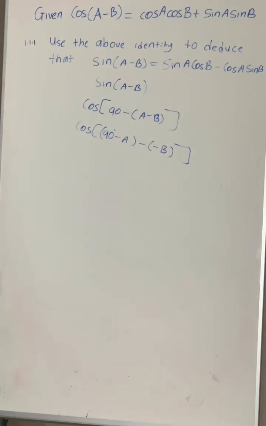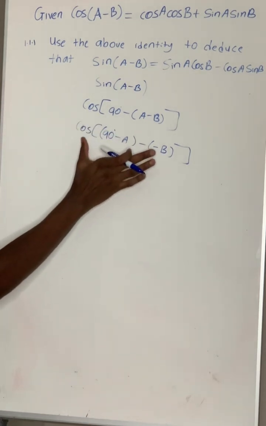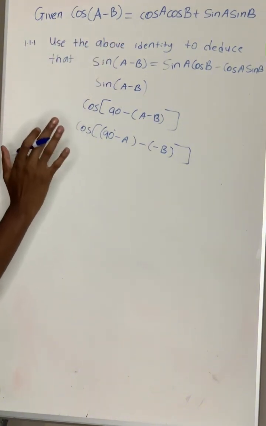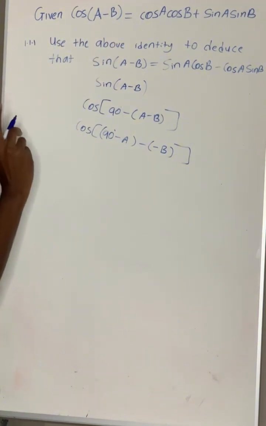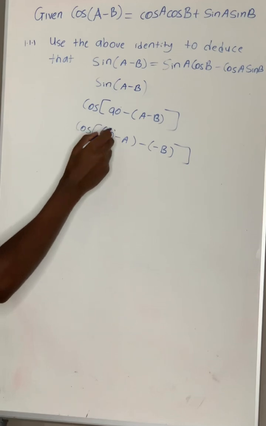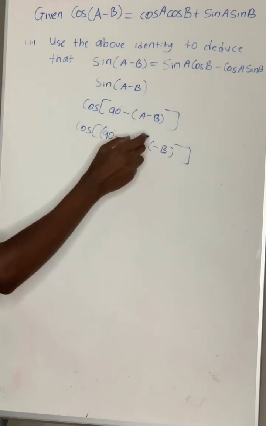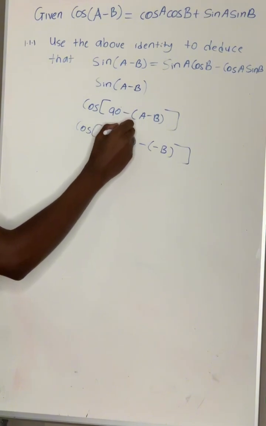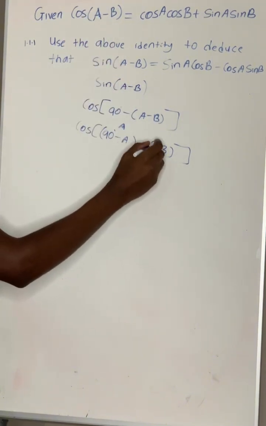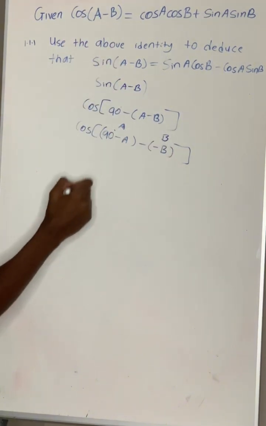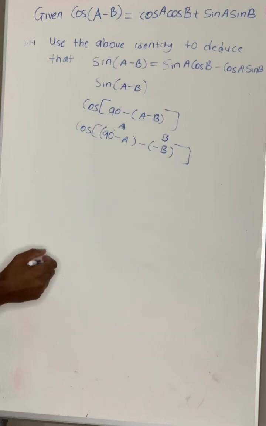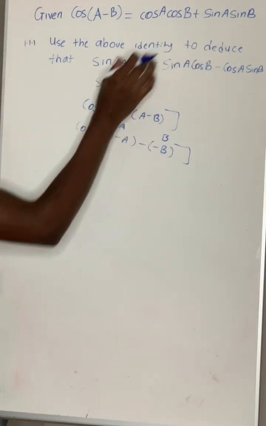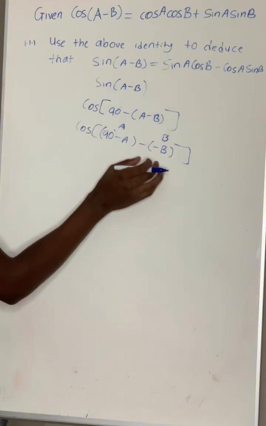And then from here, we can see that this looks something like that, which can help us in answering the question. So in this case, we have cos of 90 minus A minus negative B. Let's let 90 minus A be our A. Let's let this negative B be our B.